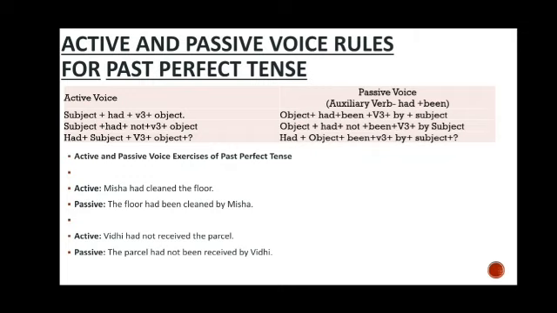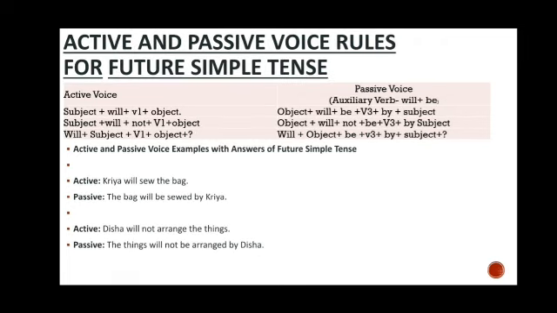If negative, then in the middle you will write not. And in interrogative, naturally had will come first, then object, then been, then verb third, then by, then subject. How will you change it? Misha had cleaned the floor. The floor had been cleaned by Misha. Vidhi had not received the parcel. The parcel had not been received by Vidhi.